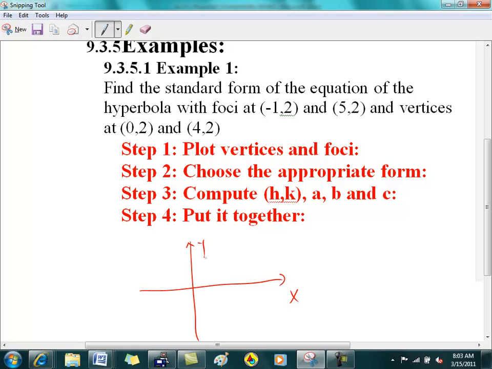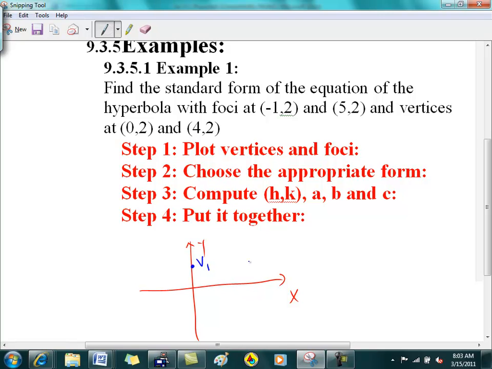So plot the vertices and foci. The vertices are at 0, 2. You don't have to put the coordinates in there, it might get too crowded, but you need to label the vertices V1 and V2. So V2 is somewhere out here. Okay, 0, 2. And no, wait a minute. 4, 2.